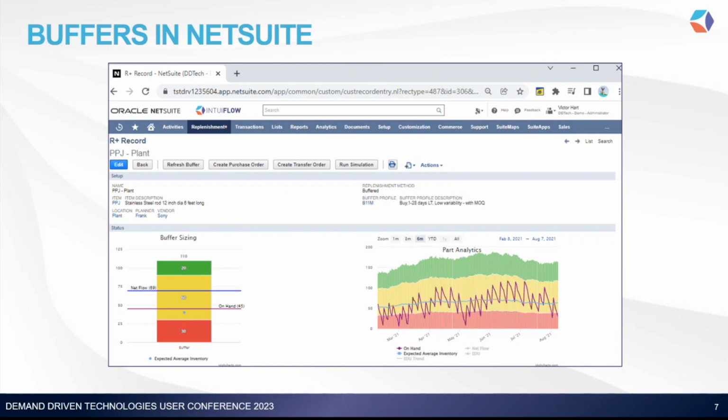Exactly, and I've always said that's honestly probably some of your most valuable data, in the sense that NetSuite doesn't actually capture a snapshot of every day for your parts in terms of inventory, open supply, open demand. And those records have your open supply values, your open demand values, all the values that you can basically find on the Intuiflow record. You can find all of them stored by day, going back in your history.